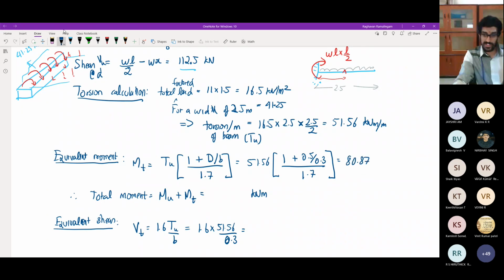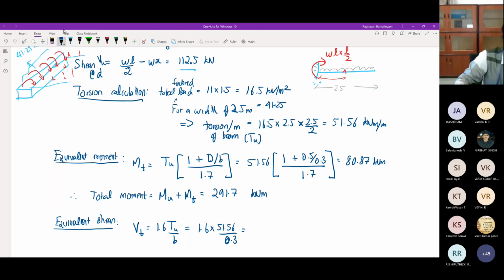So this will be about 280 point something, 291.7.